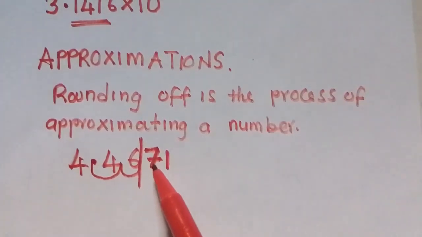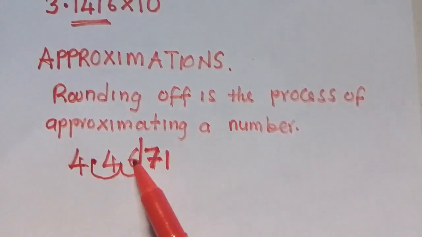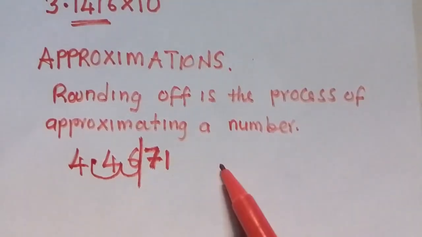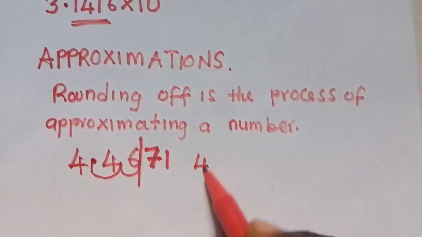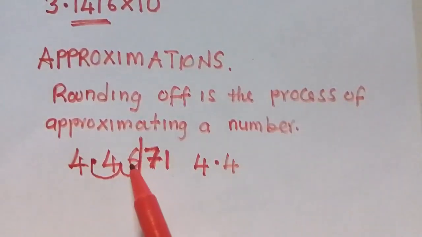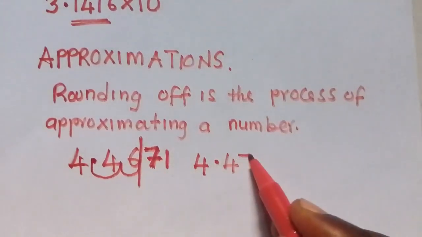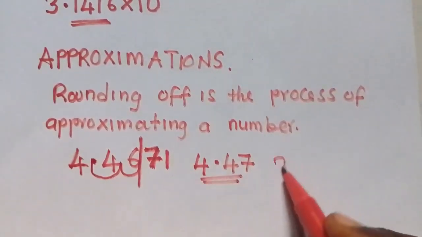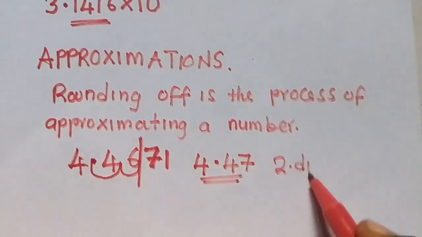This number is greater than 5, so you add a 1 and everything after it disappears. I'm going to have 4.4, then 6 becomes 7. So this is my answer to 2 decimal places.